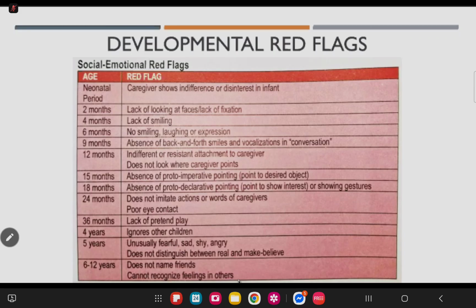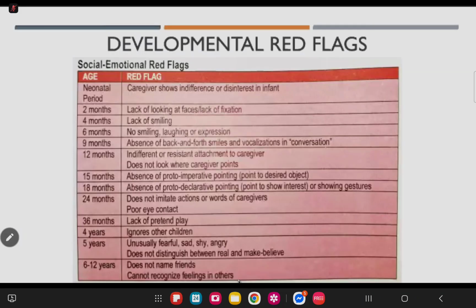Okay, so that's a red flag. You're already looking at potential for child abuse if the caregiver shows indifference. So this is also a red flag, not just for the neonate, but also for the caregiver.